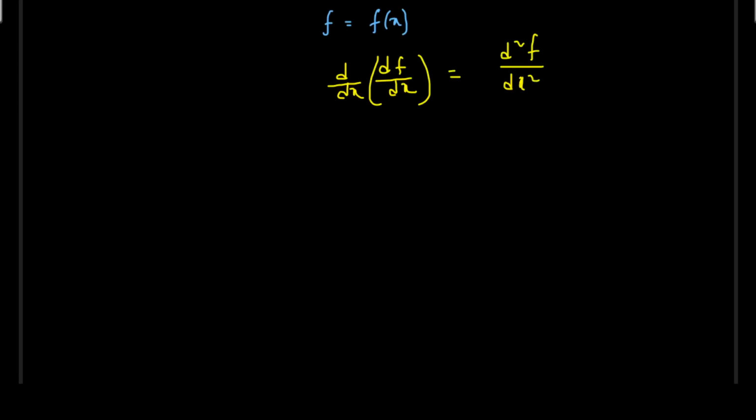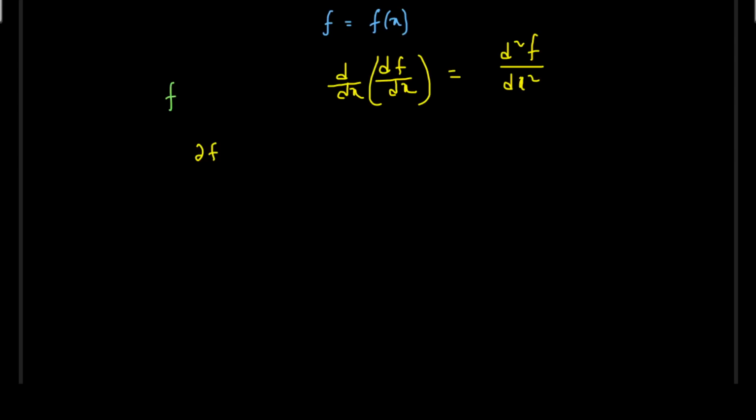So if we have a function f which is a function of x only, then the first differentiation is df upon dx, and if we differentiate again, we have d dx of df dx, which we write as d2f dx2.